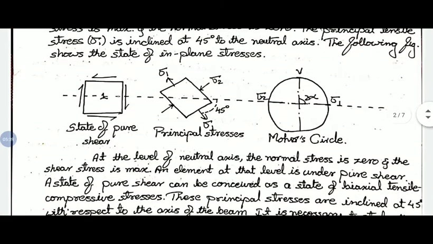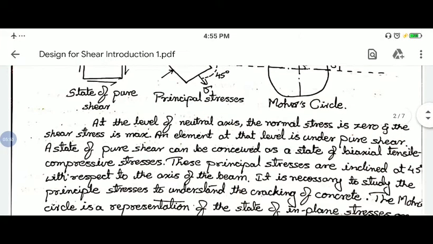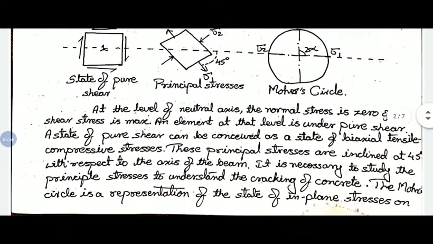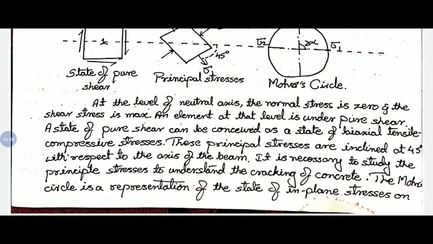In this figure you can observe the state of pure shear, and the principal stress will be inclined at 45 degrees to the neutral axis. By using Mohr's circle we can draw the stresses. At the level of neutral axis, the normal stress is 0 and the shear stress is maximum, as I said earlier. So the element at that level will be under pure shear.